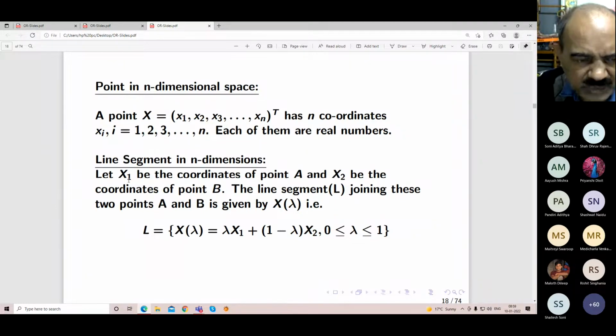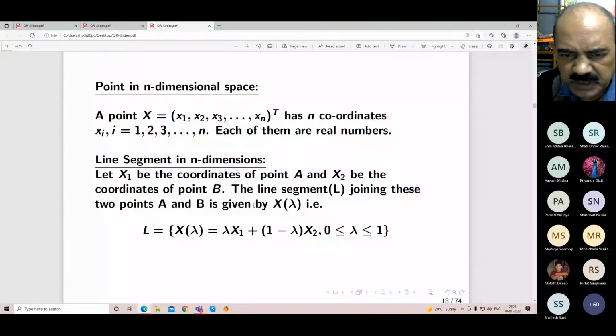So this x1 has n number of components. Similarly, let's say the coordinate of B, the point B equals x2. This x2 also has n number of components.